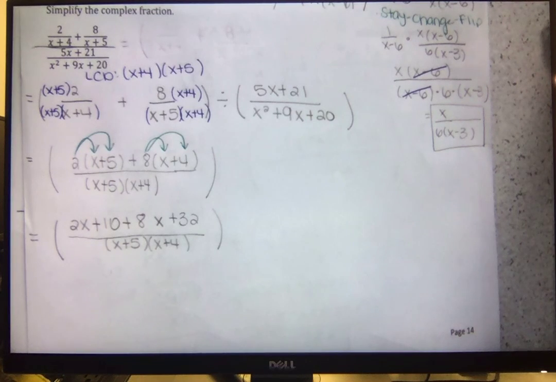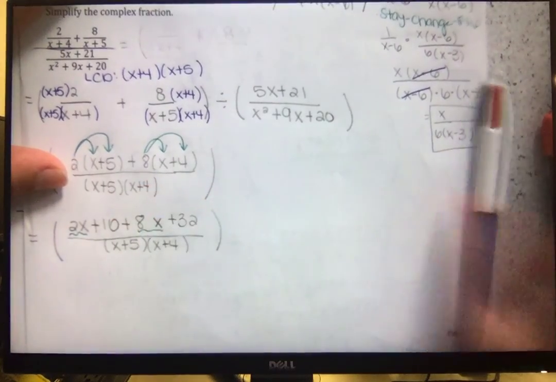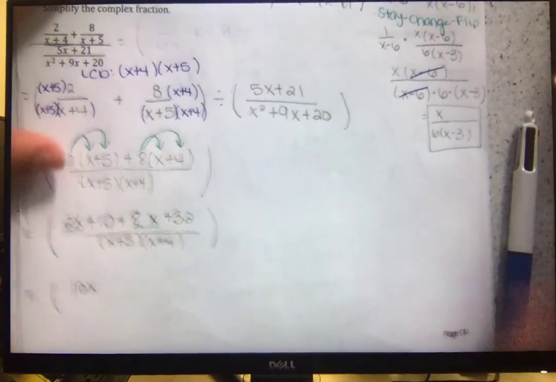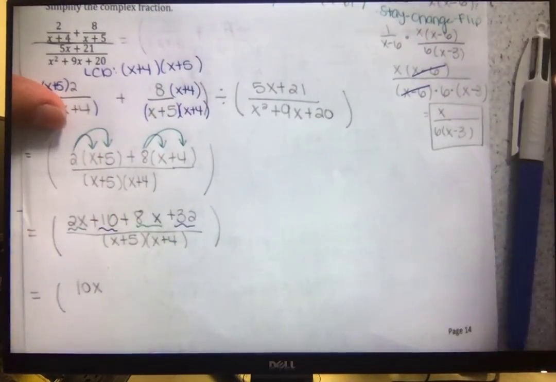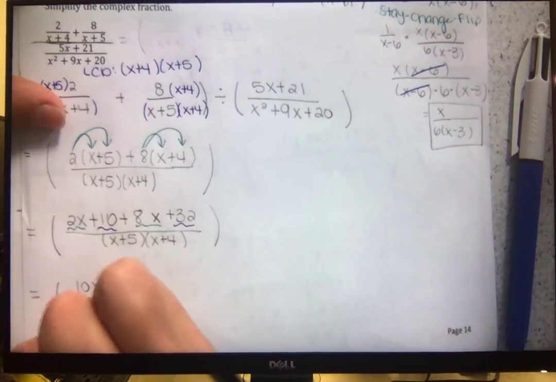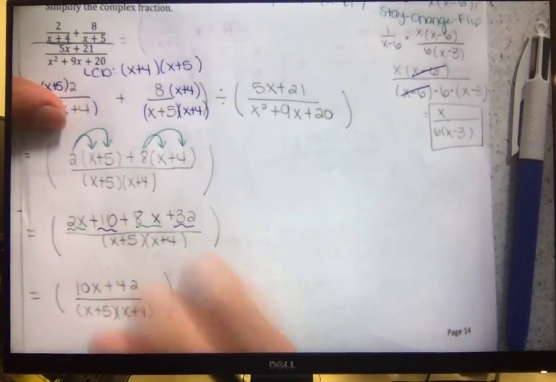So we can combine like terms. 2x plus 8x will give us 10x, and 10 plus 32 will give us plus 42, all over x plus 5 times x plus 4.